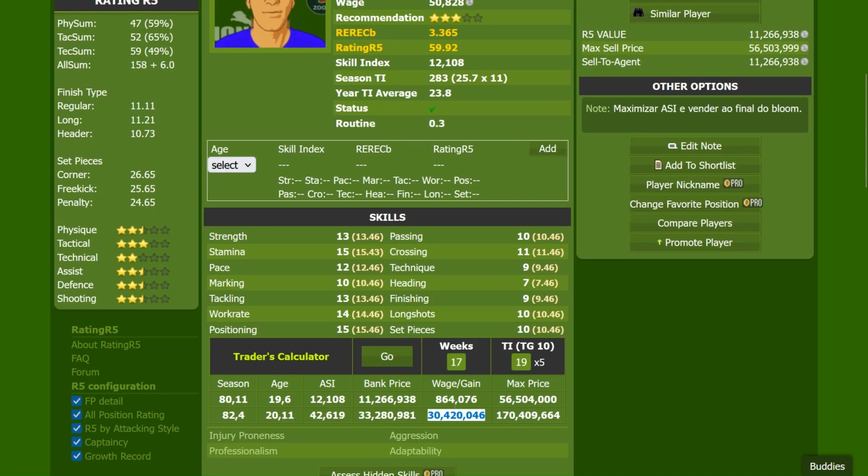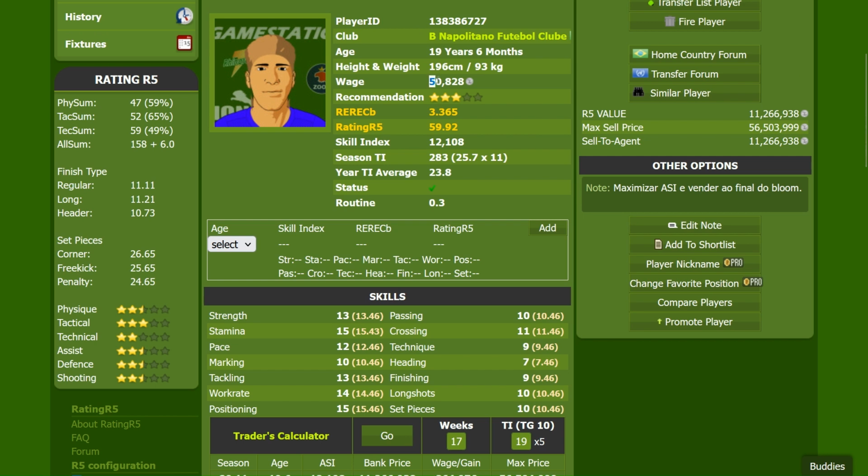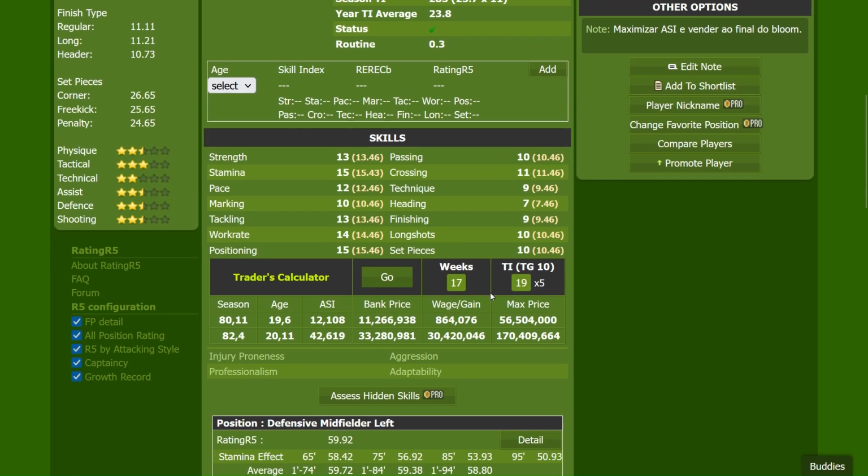But remember that these wages here are considering this wage here only. If you want to be more precise, you should update this wage for the next season. I explained how to do this in the trader's calculator video. If you want to see how to make it, go back to that video. In this case, just for an example, I will not change this wage, to make things faster. Then I would buy for this price, and this would be my profit.